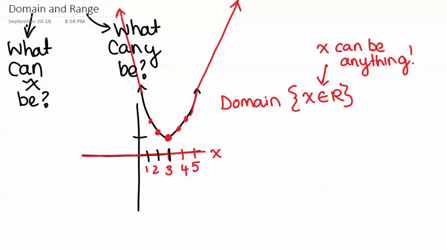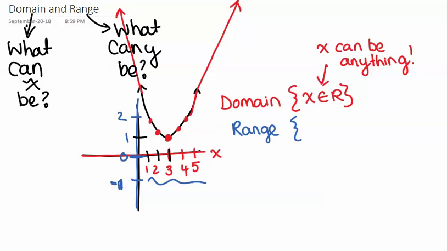Okay, and then if we look at range, now we're looking at the y-axis, and we want to know what the possible values are that y can be. So we look at the axes, and we're like, okay, there's 0, 1, 2, -1. When I look down here at -1, I don't see how the graph will ever reach -1.